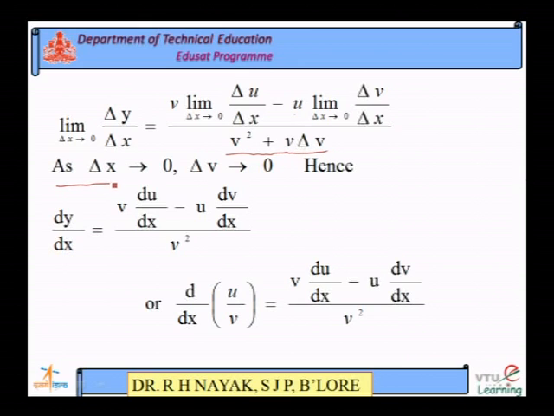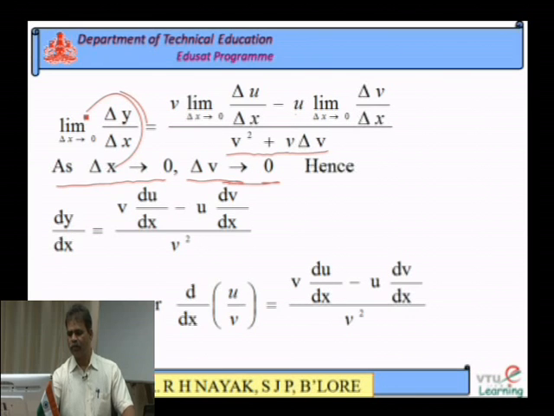As we know, if delta x tends to 0, delta v tends to 0 and delta u also tends to 0. The differential coefficient dy by dx is taken from delta y by delta x.